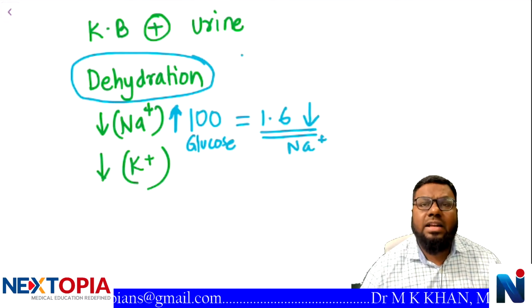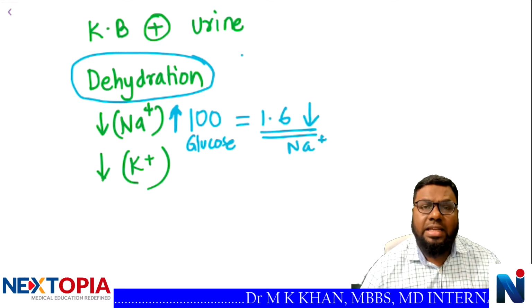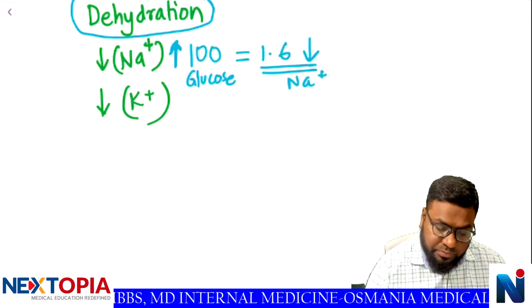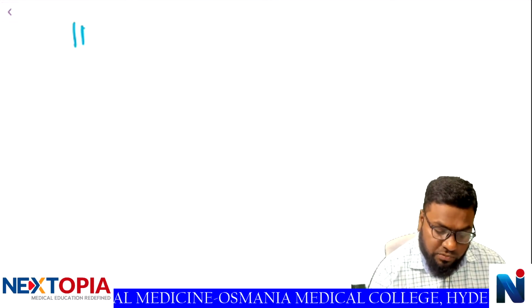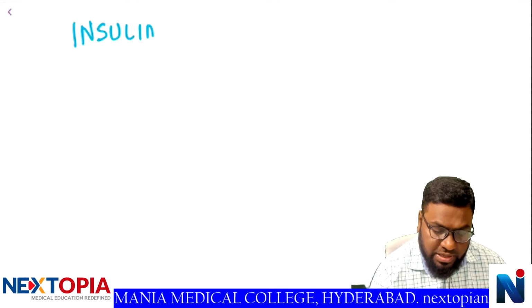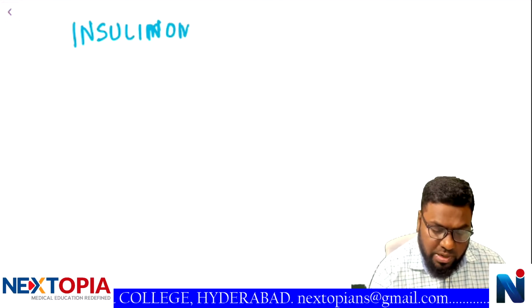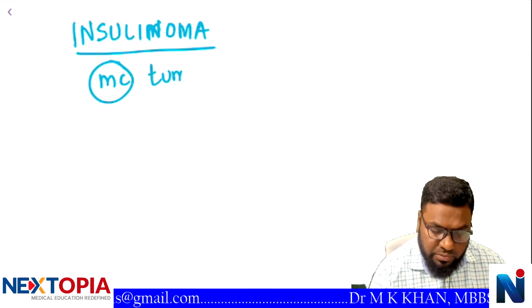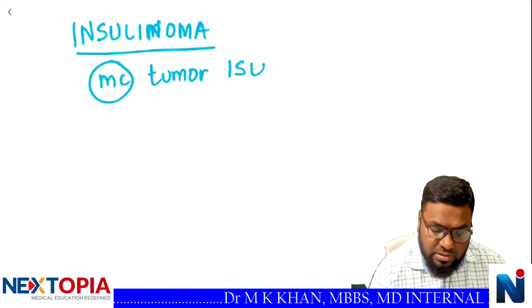Apart from this, there are certain pancreas endocrine tumors like insulinoma, which is the most common islet cell tumor. Few points about insulinoma, let us try to understand. Insulinoma, this is the most common type of tumor of the islet cells.